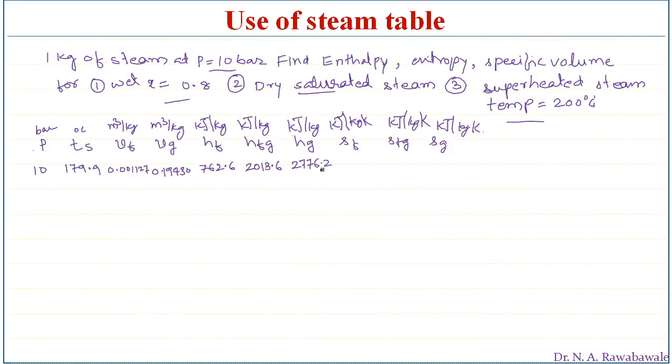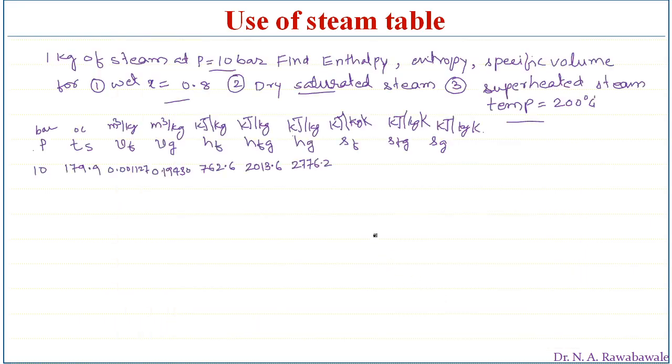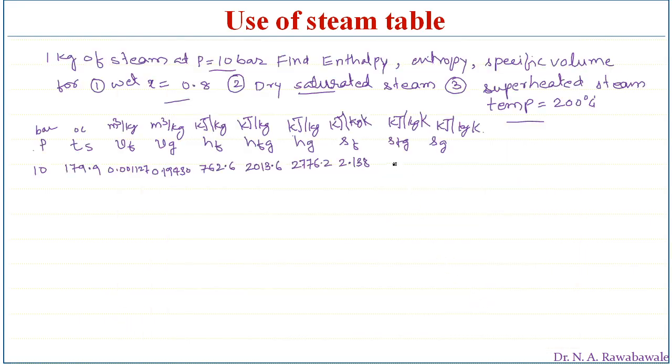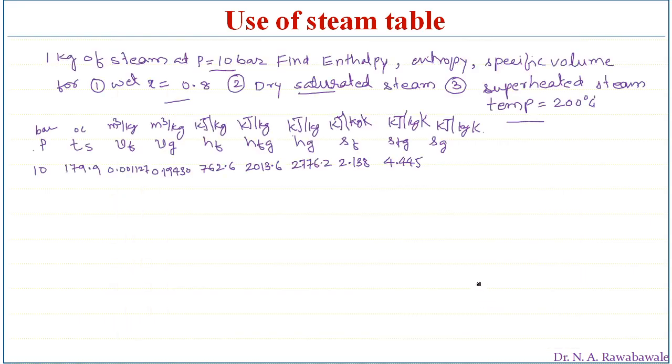Then Sf value is 2.138, then Sfg value is 4.445, then Sg value is 6.583. So these values are known to us now.